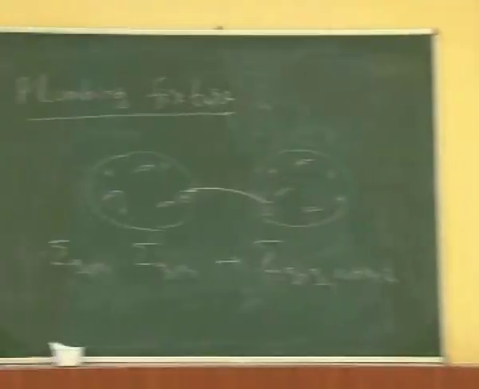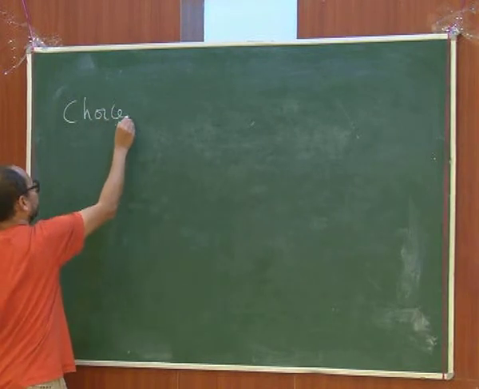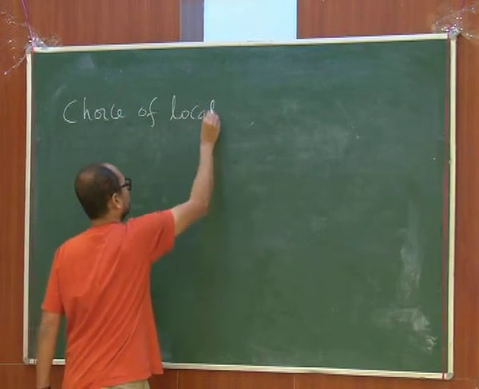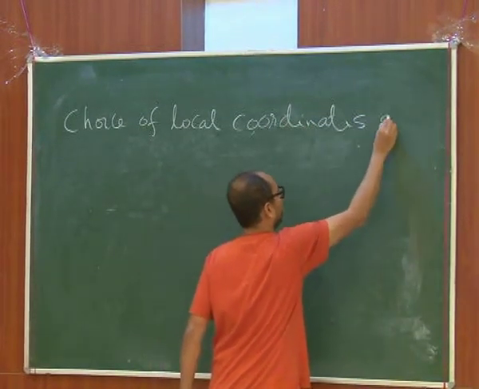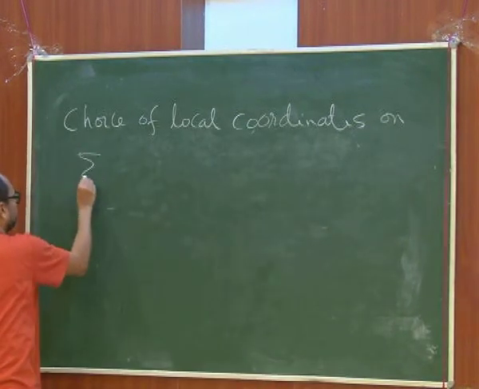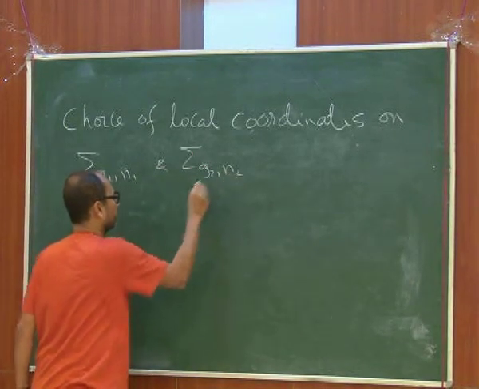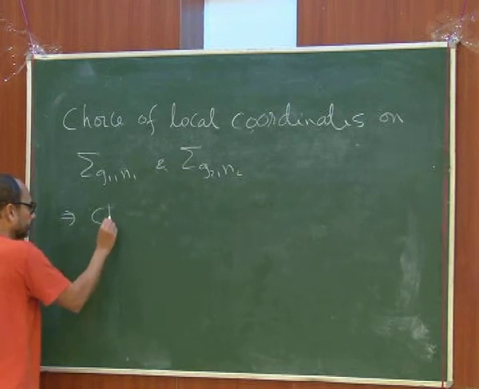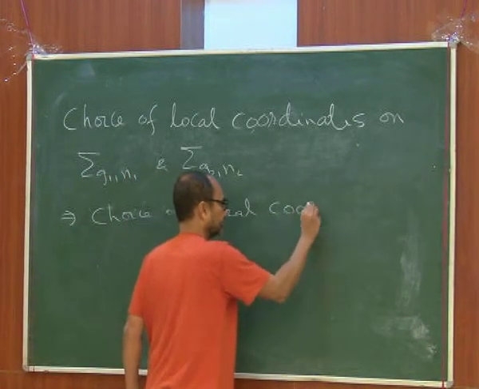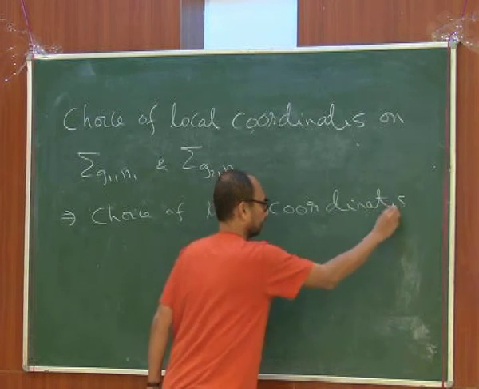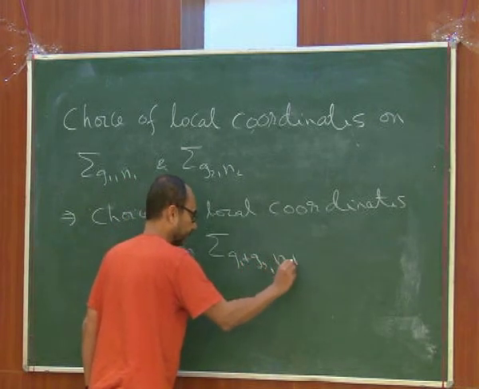Okay. Now, you see that the choice of local coordinates on sigma g1 n1 and sigma g2 n2 automatically implies a choice of local coordinates on sigma g1 plus g2, n1 plus n2 minus 2.